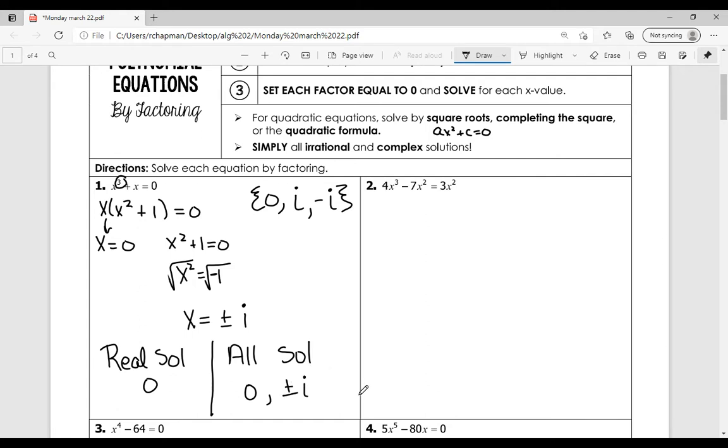All solutions legitimately means all solutions. But you've got to read your directions in MyMathLab very carefully, because if it says the real numbers and you type in i and negative i, it will mark it wrong. Then you'll get frustrated because you'll say, well, I know I did it right, and I know those are the answers, but you've got to be very careful. Do they want the imaginaries or just the reals? Okay.